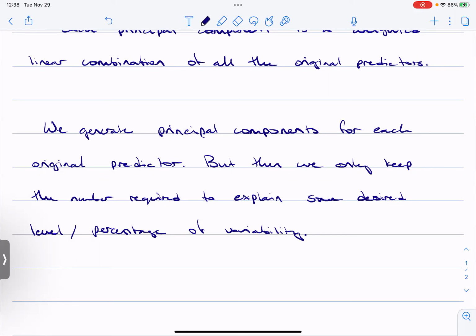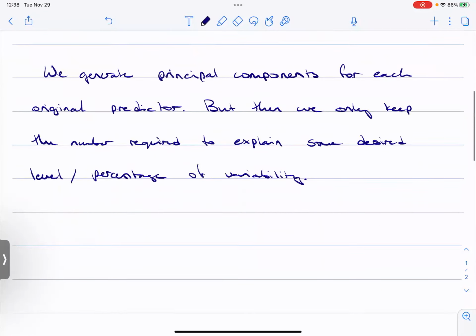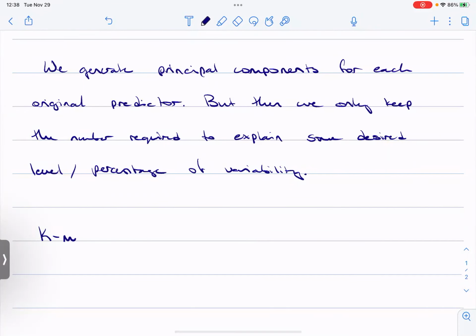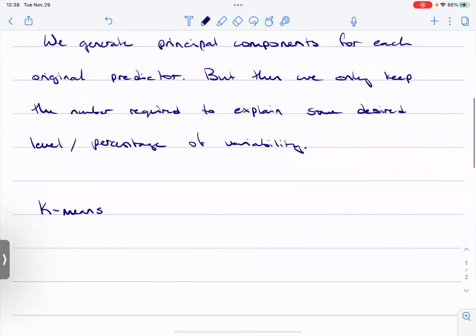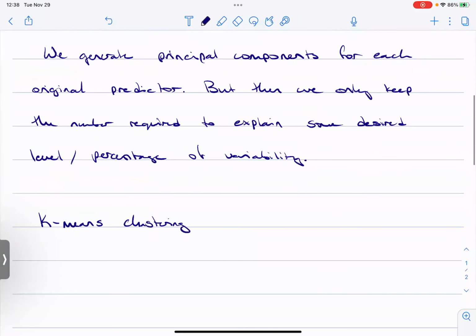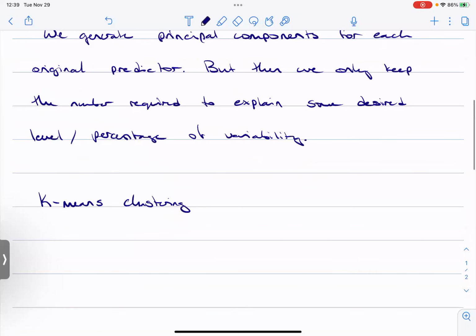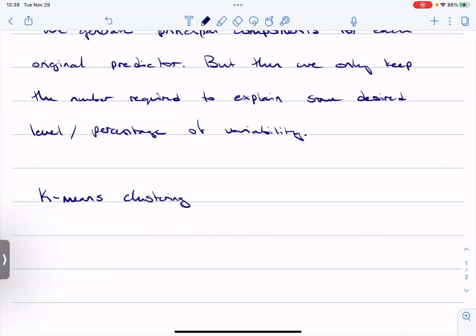We also talked about k-means clustering. So principal components, we usually use for dimension reduction, right? And we could use k-means clustering in the same way, but usually we use k-means clustering to generate another predictor, so additional predictors, which incorporates all the pre-existing predictors.